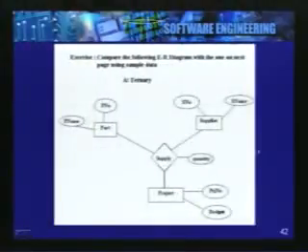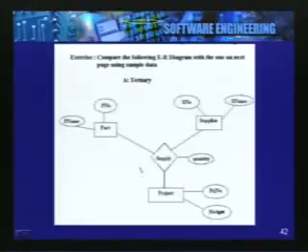Here is the example which shows a ternary relationship between part, supplier and project. And let us assume that this reflects my real world correctly. That means that parts are supplied to projects from different suppliers. So, we have shown it as a ternary relationship.